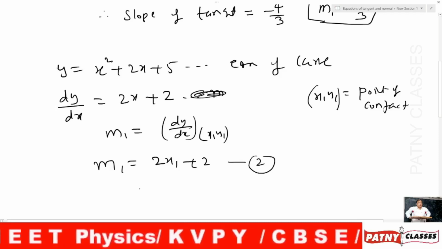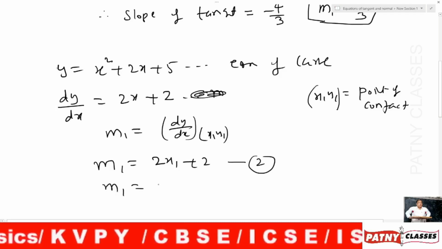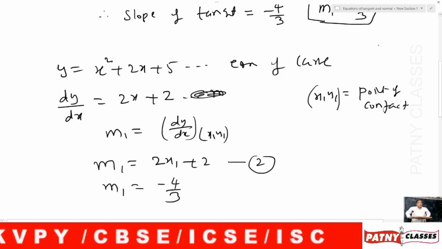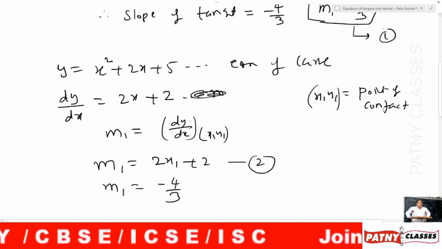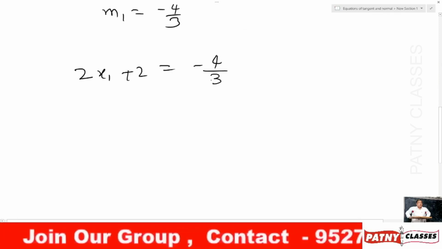And we already have m1 equals minus 4 by 3 from equation number 1. Comparing 1 and 2 now, because we need to find the point of contact. So 2x1 plus 2 equals minus 4 by 3.